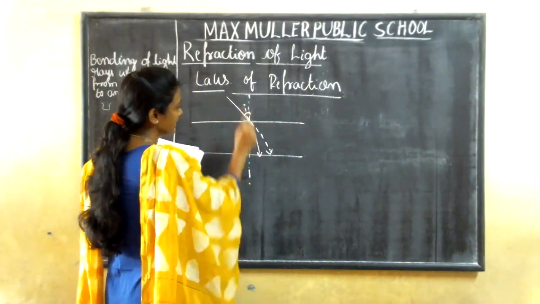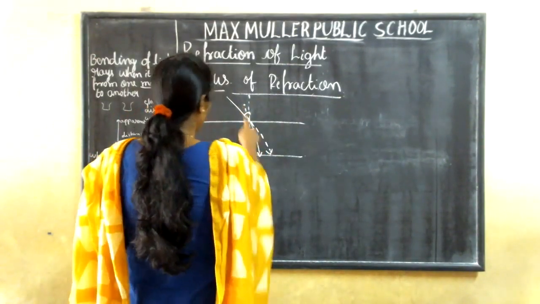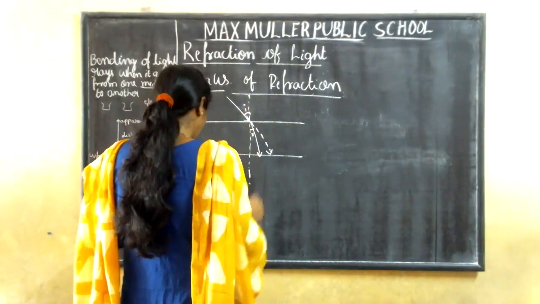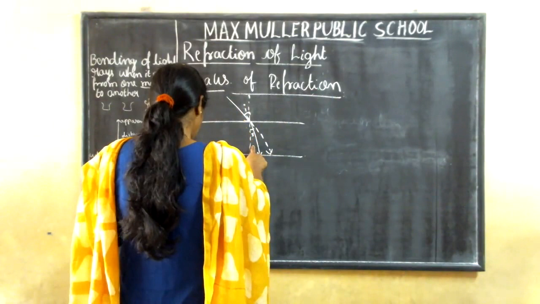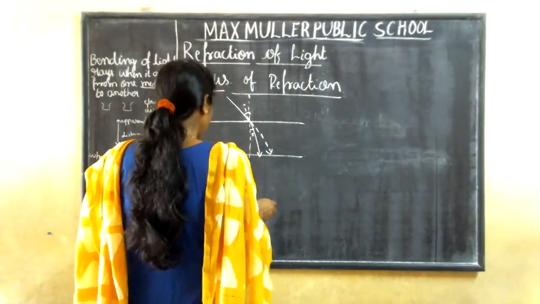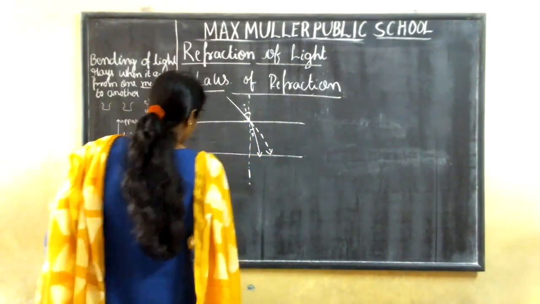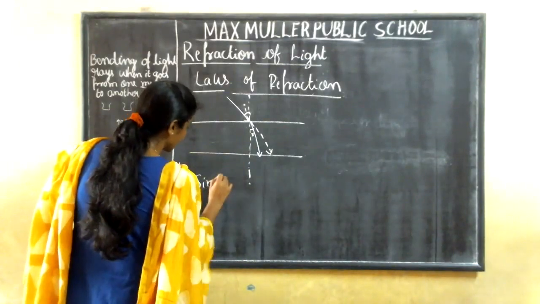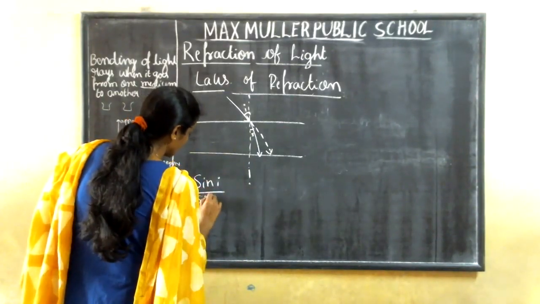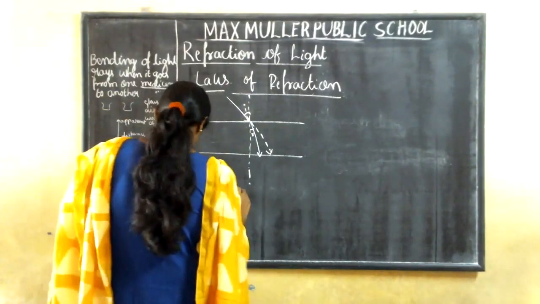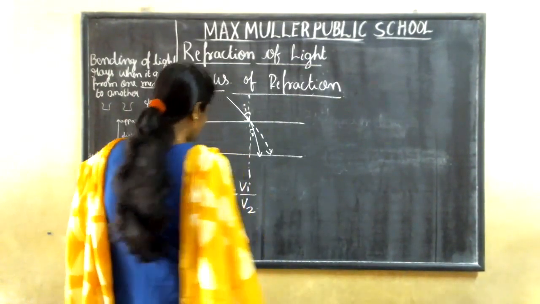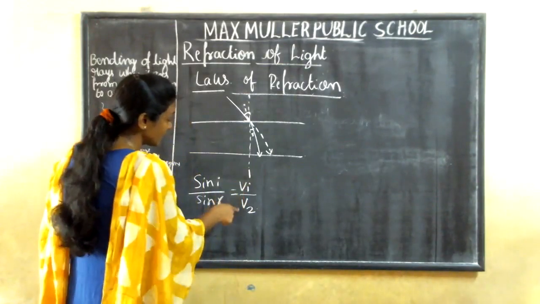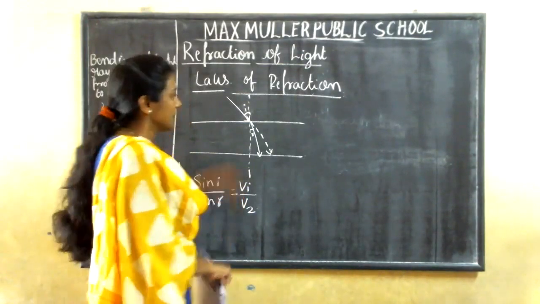This one is the I and this is the R. Angle of incidence and angle of refraction are related by sin I divided by sin R is equal to V1 by V2.